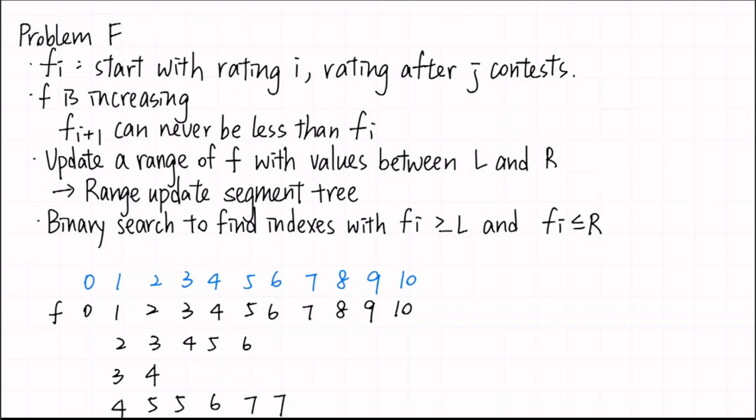And to find indexes in f that are greater than or equal to L and less than or equal to R, we can use binary search. So we can use binary search to find the left index of the range that has a value included in L and the right index of our range. And then afterwards we can update values from this left index to the right index.